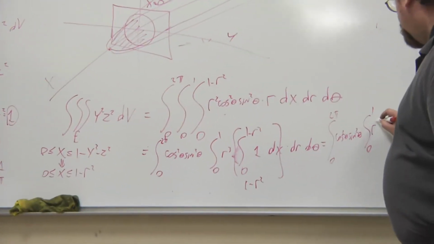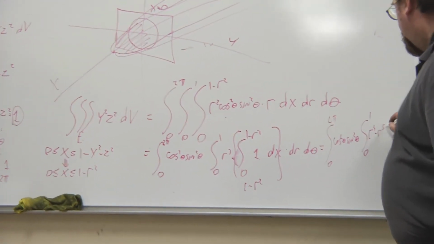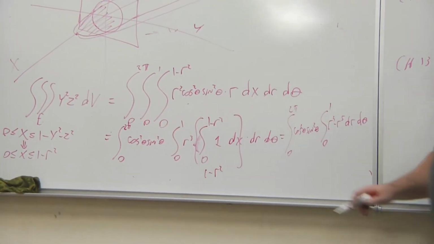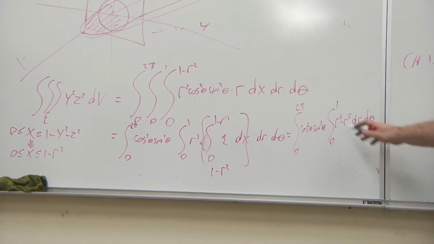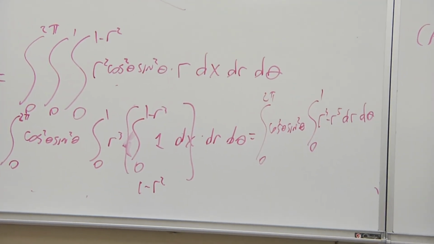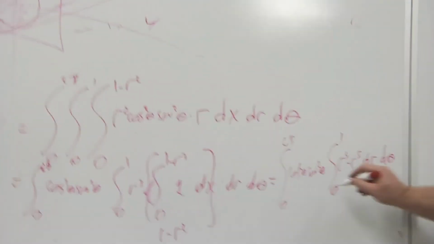So that's r cubed minus r to the 5th dr d theta. So this would turn out to be 1/4 minus 1/6, which is 1/12.